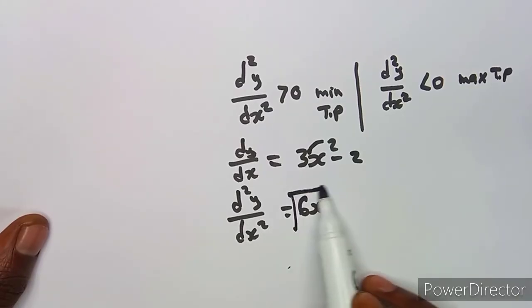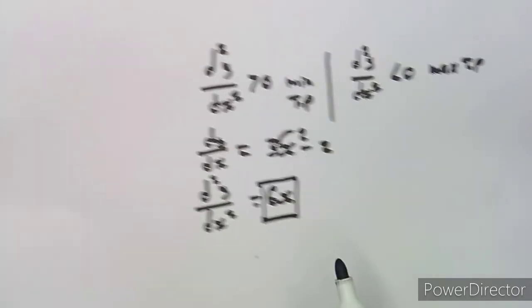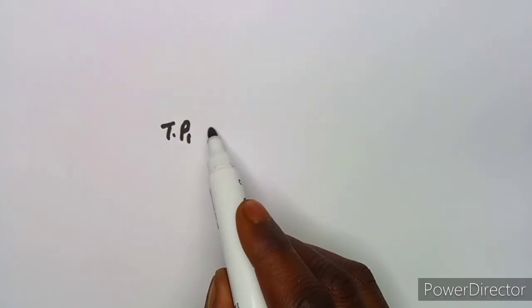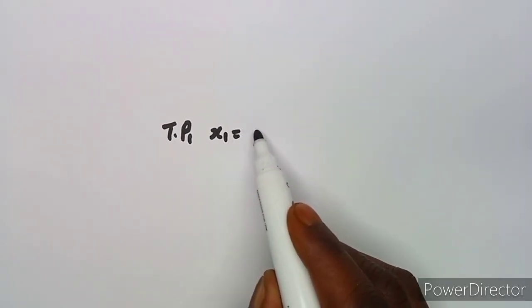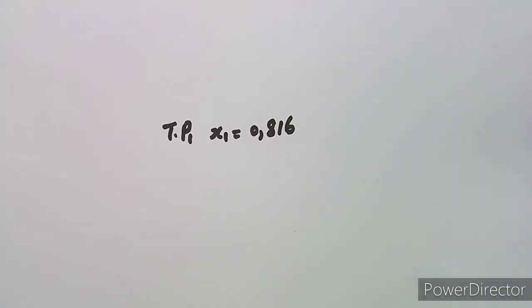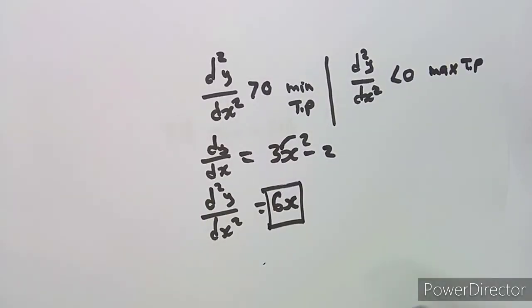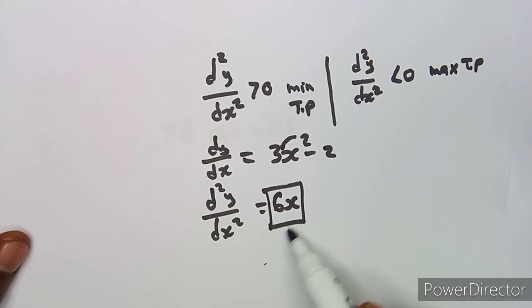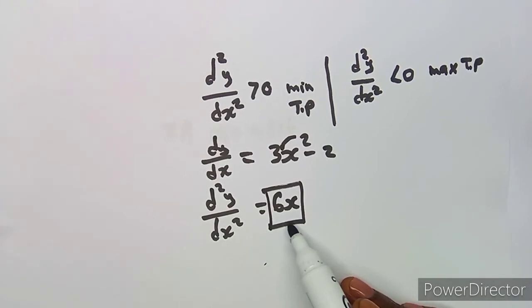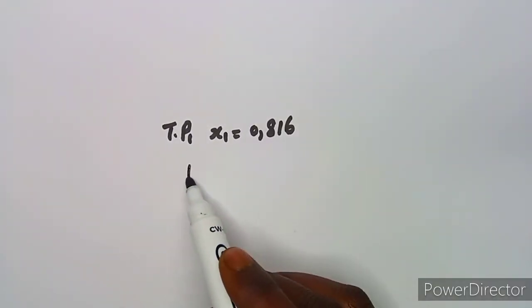From this second derivative that we are having, we are going to work with the first point. From the first turning point, our x was equivalent to 0,816. So for this value, what are we going to have for the second derivative?